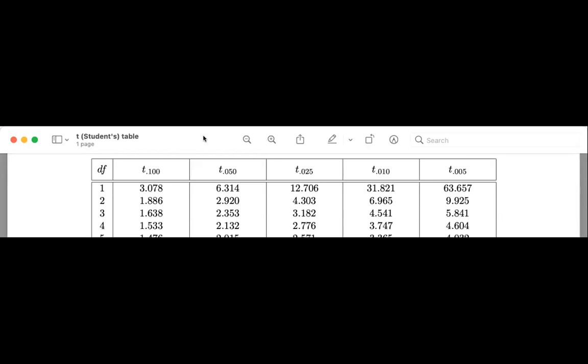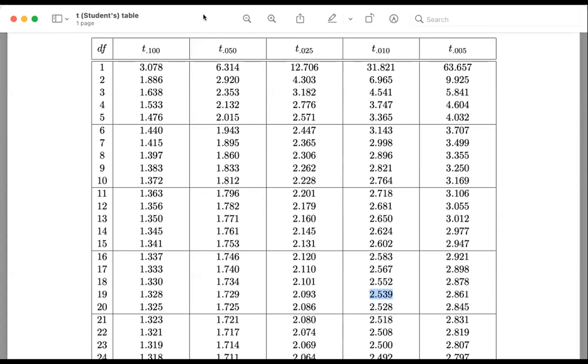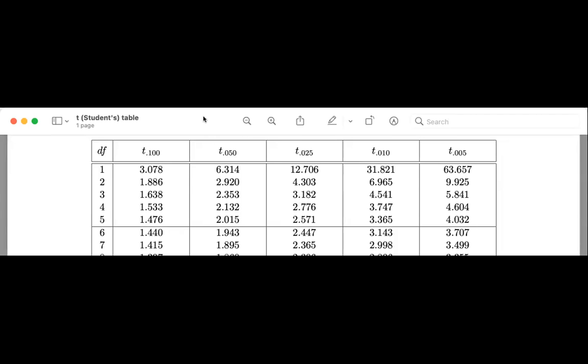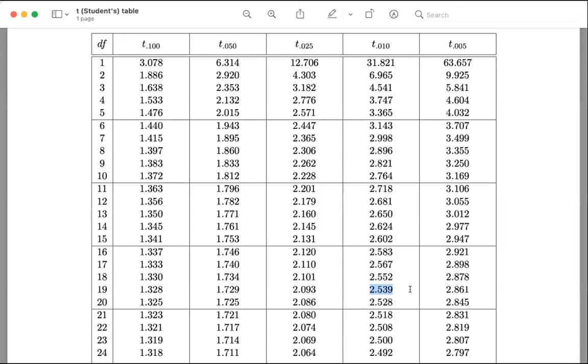Now the p-value, since we found 2.7, is between here and here, between these values if we wanted the p-value approach.